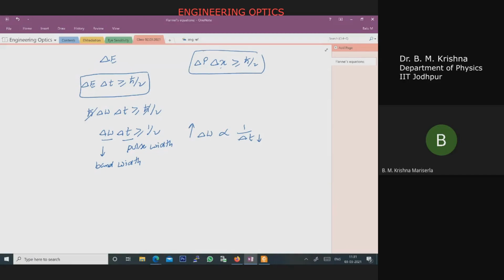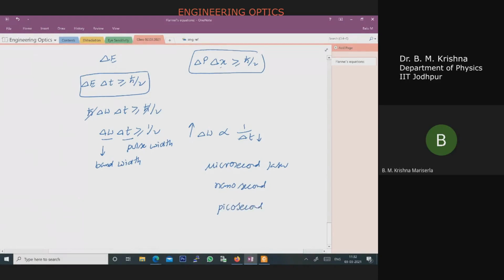So what does it mean? For example, in pulsed lasers, initially it started with microsecond lasers. Then over time we have nanosecond lasers, then picosecond lasers, and now we have femtosecond lasers.